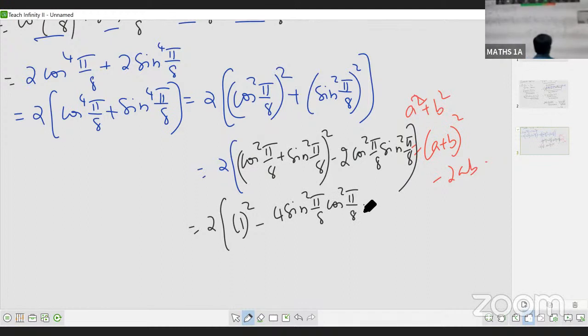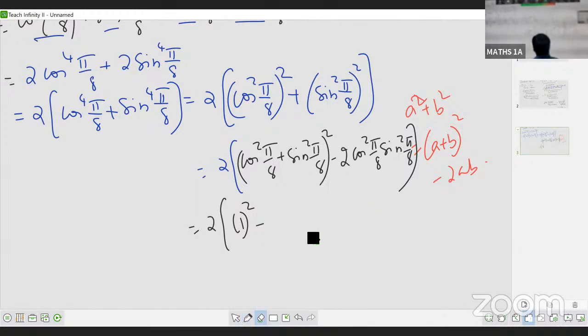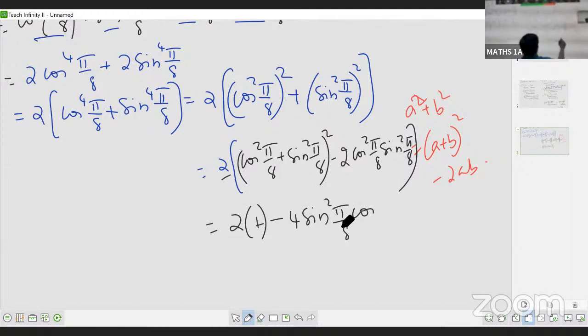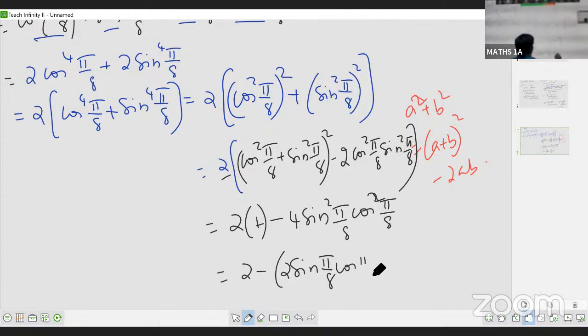Or you do one thing, instead of multiplying and dividing, just 2 inside. That is 2 ones are 2, minus 2 sine pi by 8 cos pi by 8 whole square.